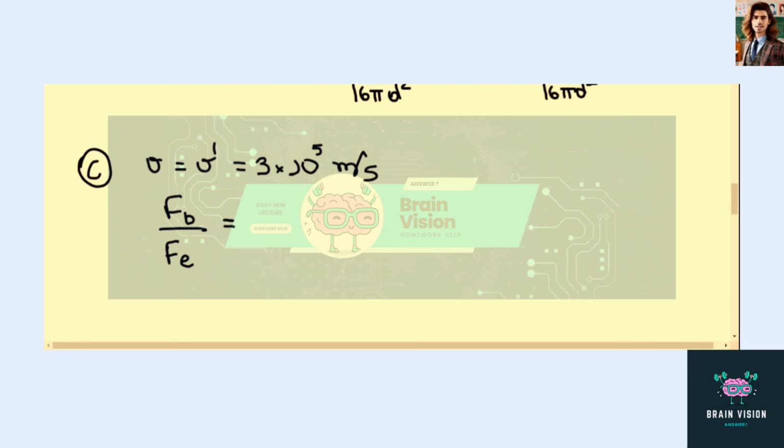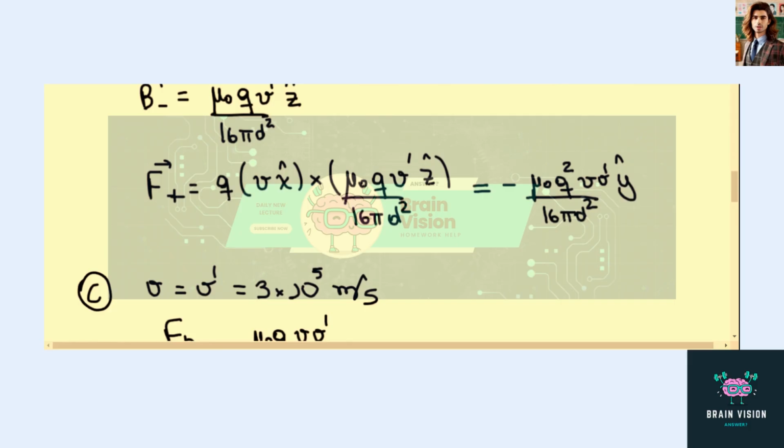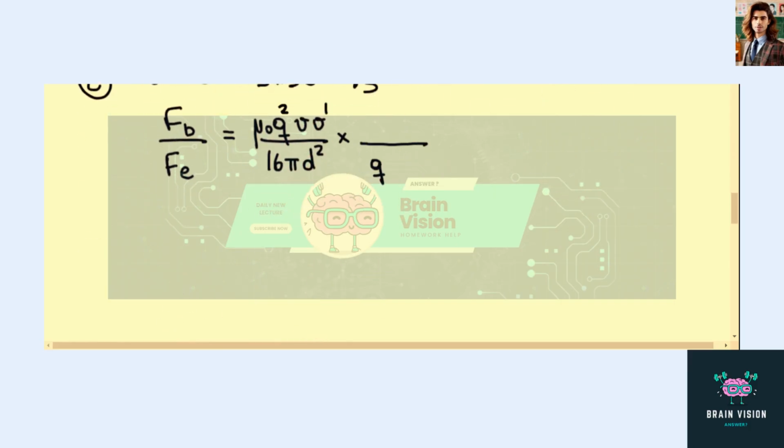Now notice that the magnetic force, the magnitude, is mu 0 q v prime divided by 16 pi d squared, while the electric force is q squared, and there's actually a squared here, divided by 4 pi epsilon 0 times the distance, which is 2d squared.